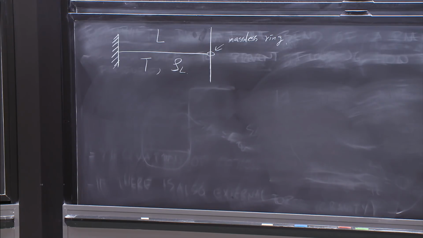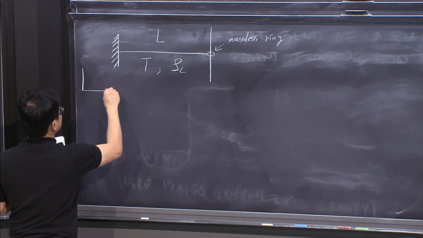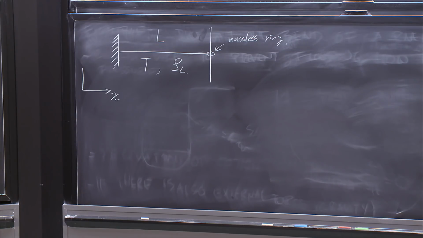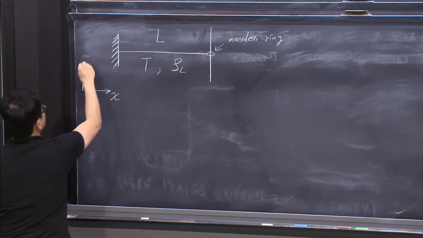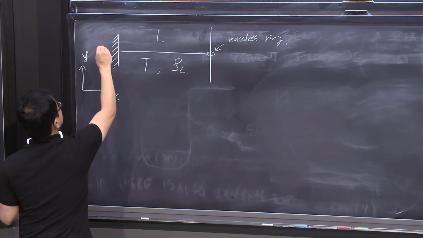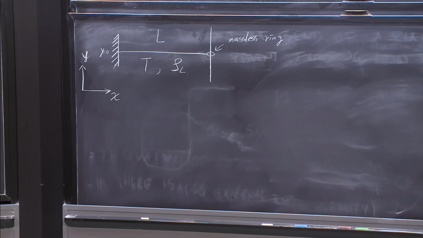That's the system I'm interested in, and of course, I need to define my coordinate system. As usual, I define the horizontal direction to be the x direction and the vertical direction to be the y direction. I define y equal to 0 as the equilibrium position of the string.